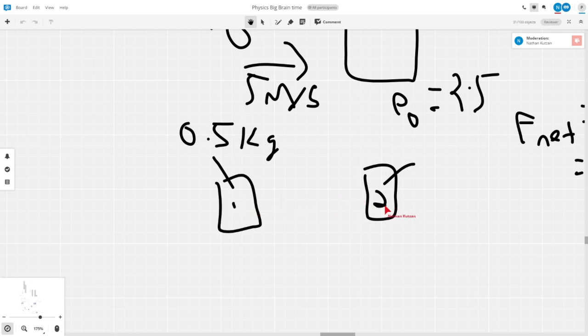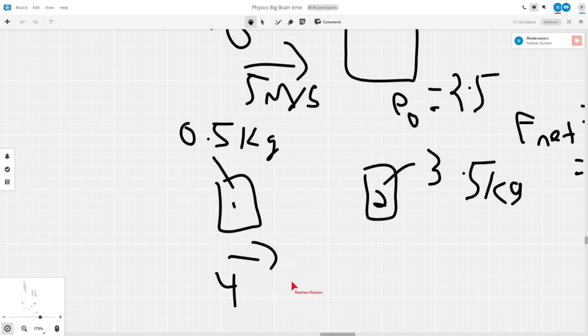And the mass of this one is going to be 3.5 kilograms. And this mass over here is moving this way at 4 meters per second. And this one over here is not moving, actually. We'll say this one over here is moving at 0 meters per second.